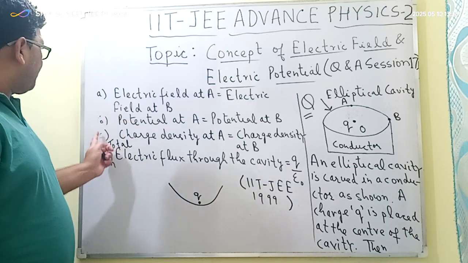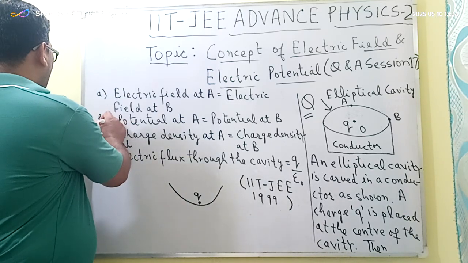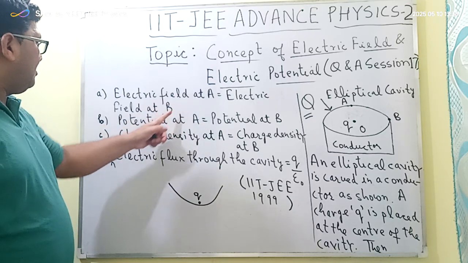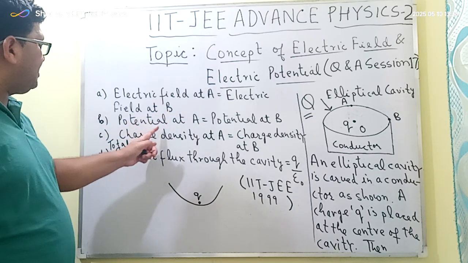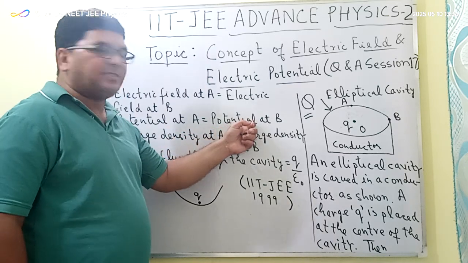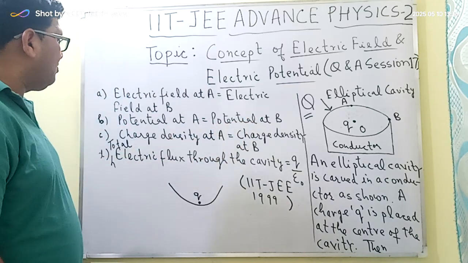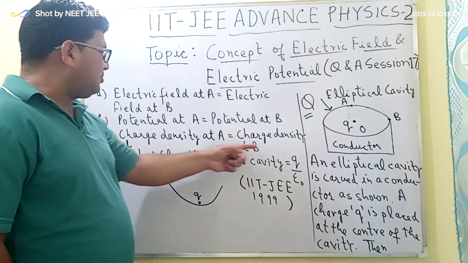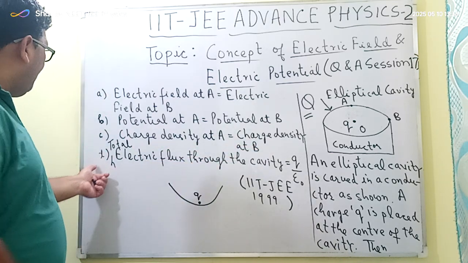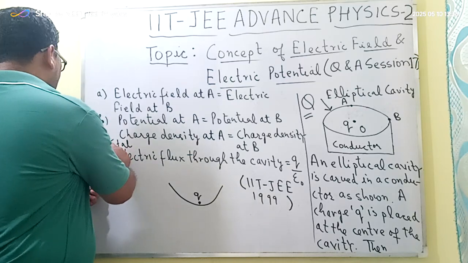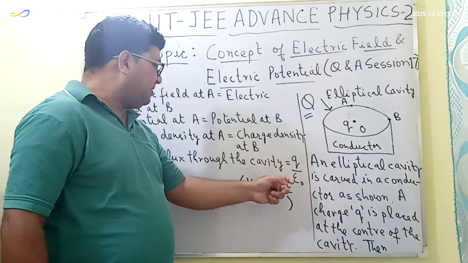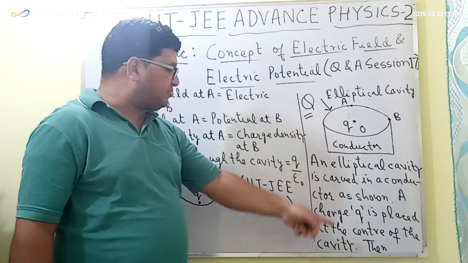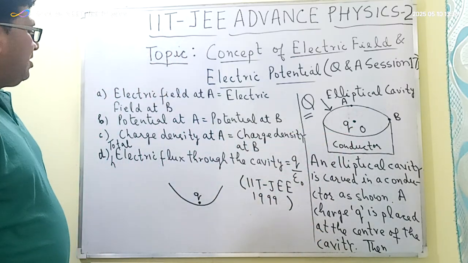So in this question there are 4 options given here. The first option is that the electric field at A is equal to the electric field at B. The second option is that the potential at A is equal to the potential at B. The third option is that the charge density at A is equal to the charge density at B. And the fourth option is that the total electric flux passing through this cavity is equal to Q upon epsilon naught, where Q is the charge enclosed by this cavity, that is the charge which is placed at the center of the cavity.